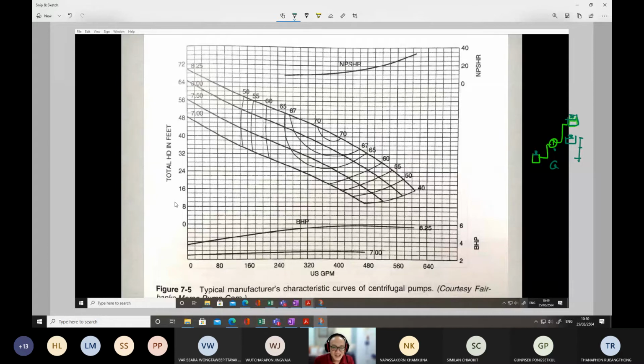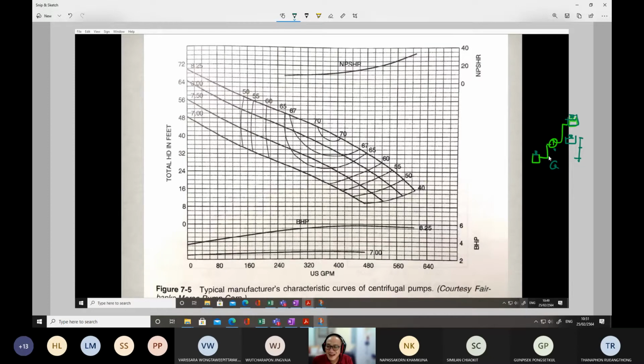So for the pumps, if you want large flows, you cannot pump too high, too large in terms of the water level difference.